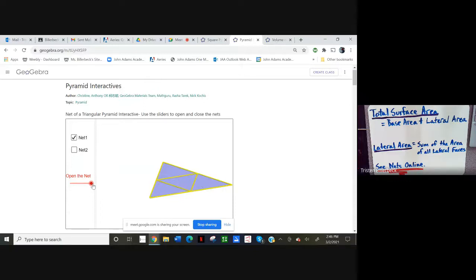And we add them up to get the total surface area. Now we don't have to just open the net from the base. We can also open nets like this. And then this would be the exact same surface area. It's just a different way to open up the net. But that's what a net is.